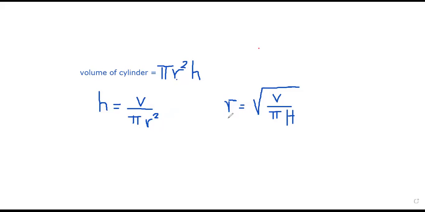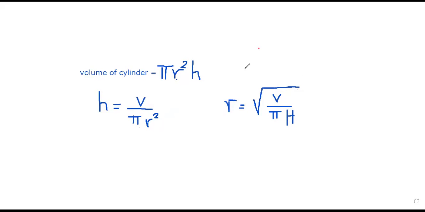Miss, I have a question. Yes, honey. In finding the radius, after putting it in a square root, when I come to the answer, do I put it in a square root too? No, the answer, if you are going to use a calculator to find the answer, then yes, you will put a square root and under the square root V over pi h.